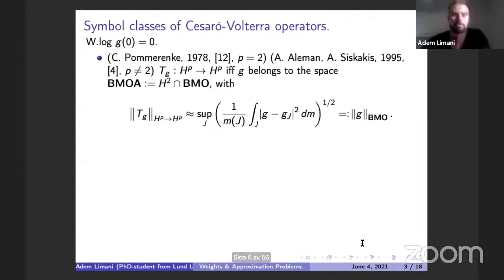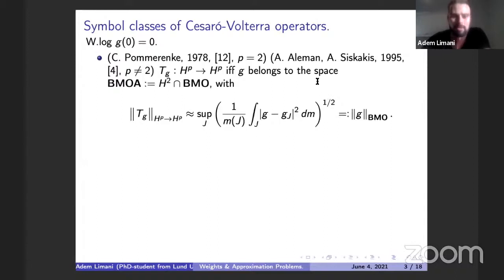Okay, so let me first just recap some earlier results on this. One has this old paper by Pommerenke on univalent functions, where as a byproduct he proved boundedness of this operator on H2. This was later extended by Siskakis and Aleman.